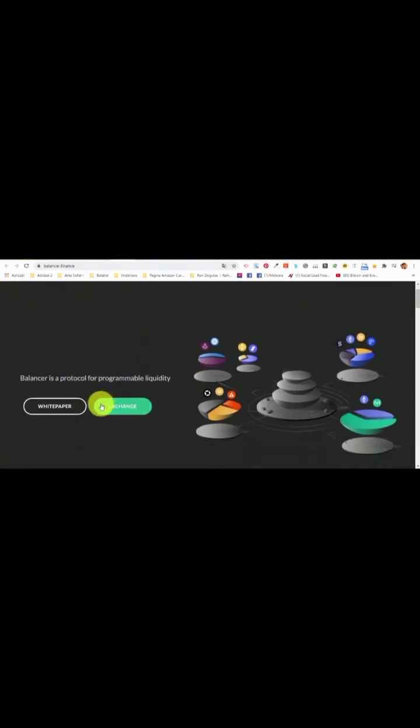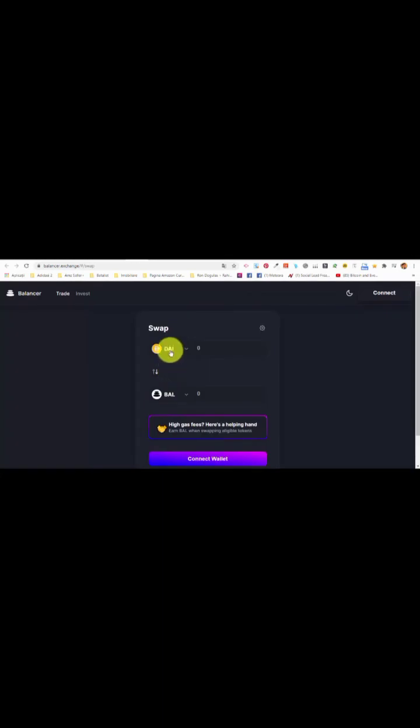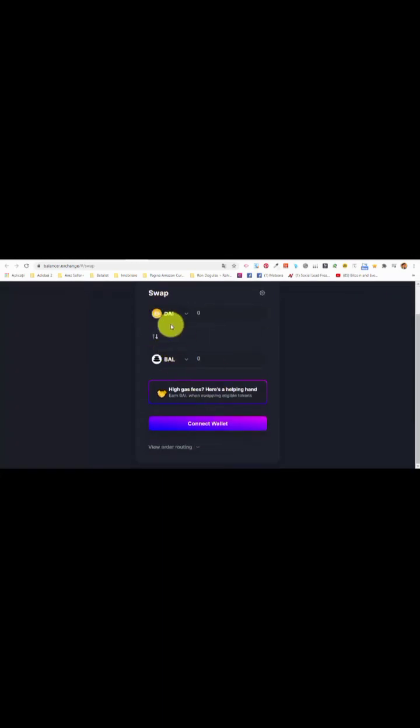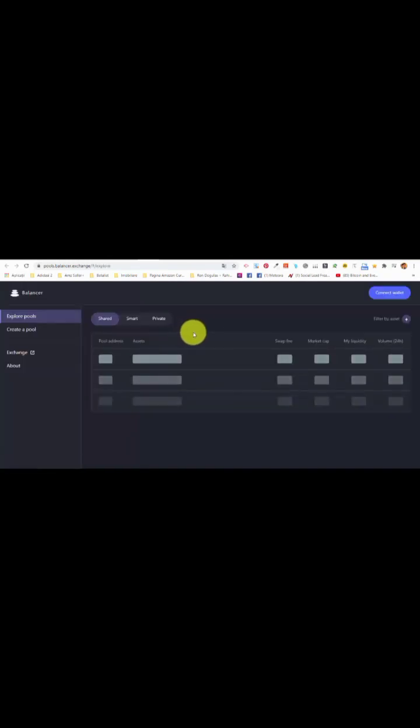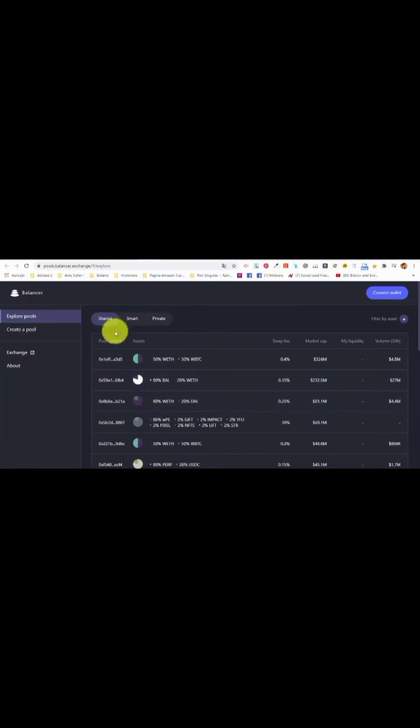In Balancer, basically, if you are going to have a look at the exchange, you can just swap between coins, and if you want to invest, you just click on the invest button and you are going to see a lot of pools created.